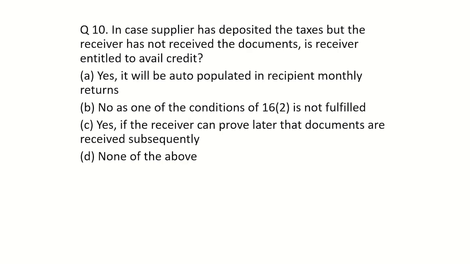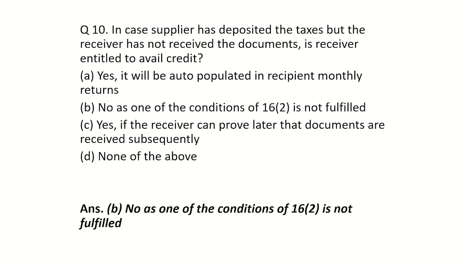The question given here is, in case the supplier has deposited the taxes but the receiver has not received the documents, is the receiver entitled to avail credit? Now, if you have carefully read the provisions of section 16 with regard to the conditions for availment of input tax credit, section 16 subsection 2 clause A says that if a person is not in possession of the documents such as invoices or as necessary for availment of credit, then he shall not be eligible for taking credit.